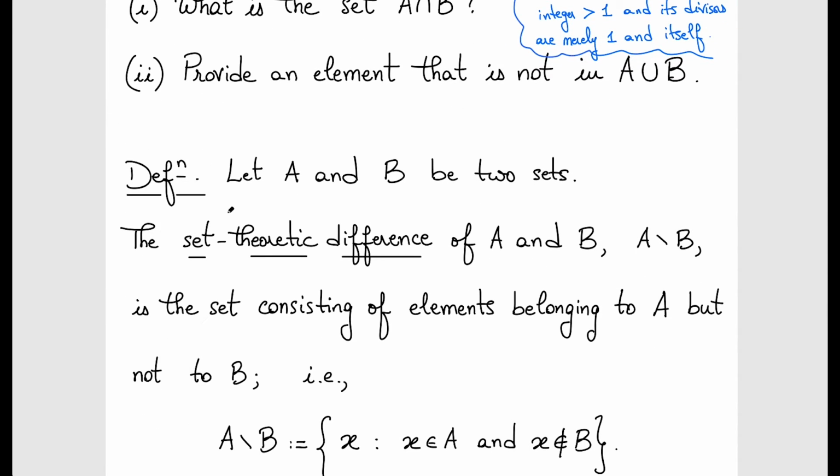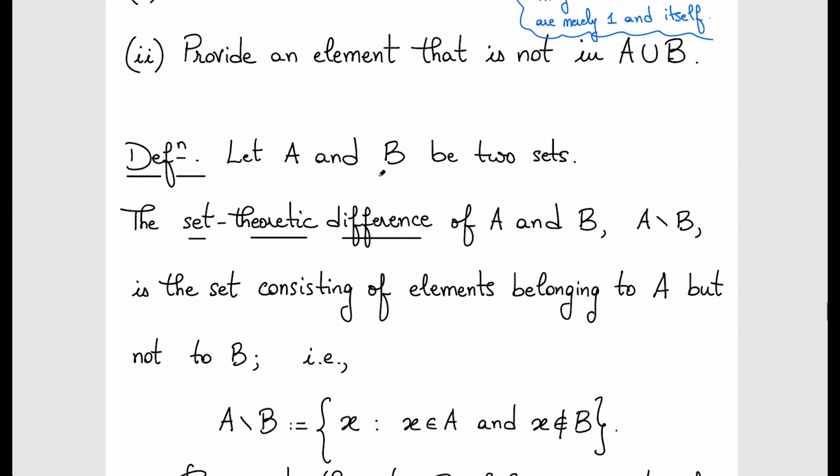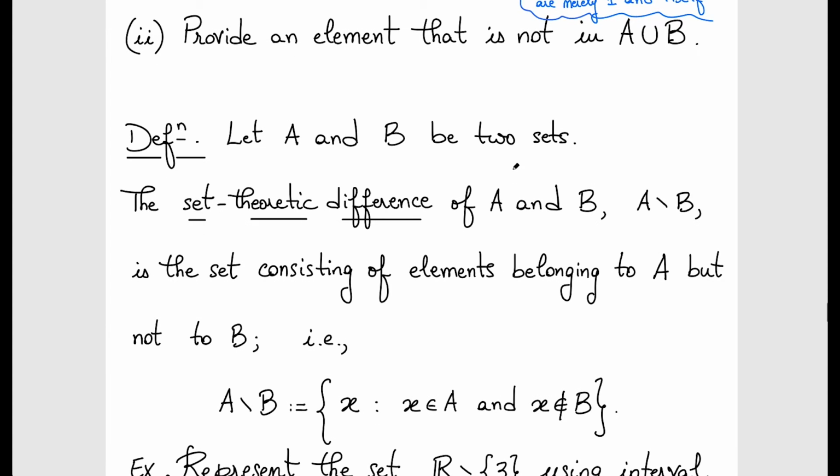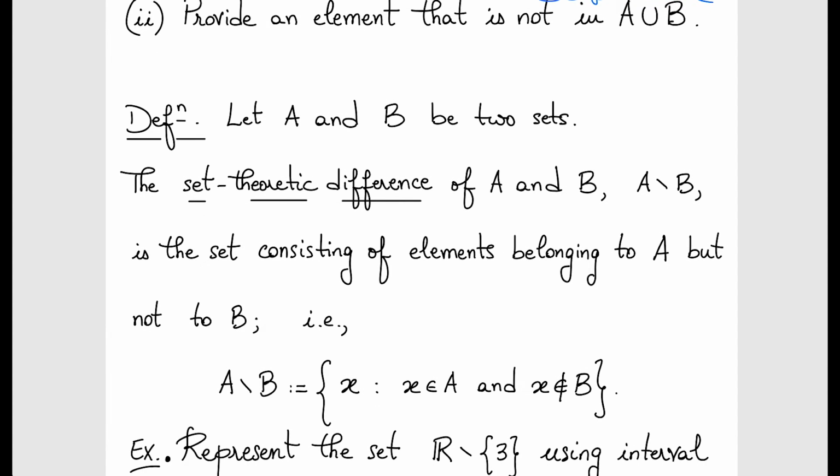Here's the next definition. Let A and B be two sets. So you have A and B that are two sets. Let's give ourselves a picture. Maybe this is A and this is B. We're gonna define the set theoretic difference of A and B, denoted like this.